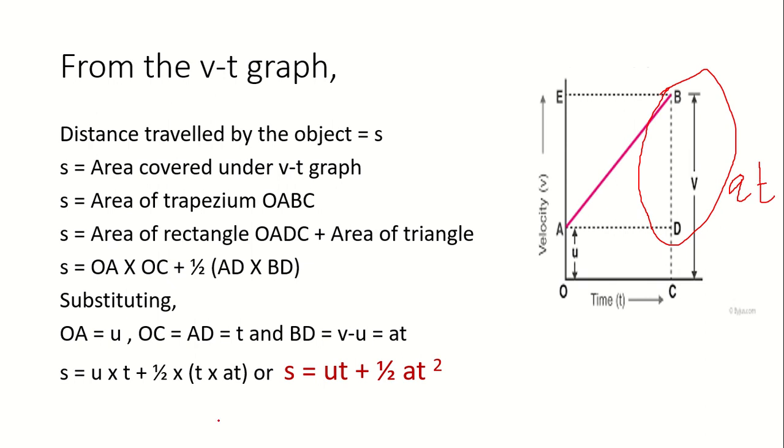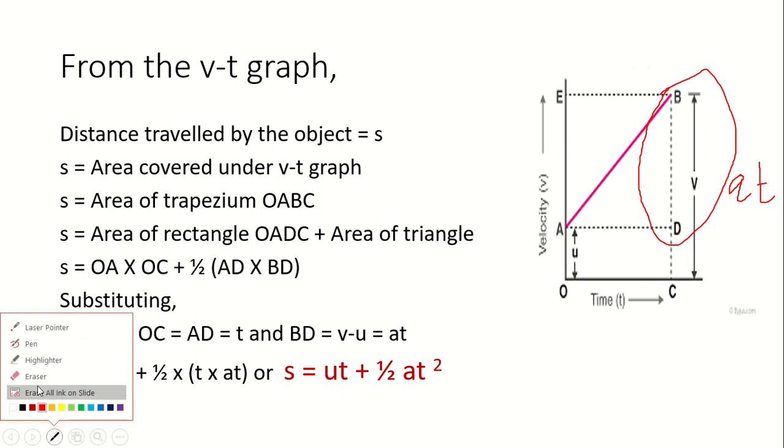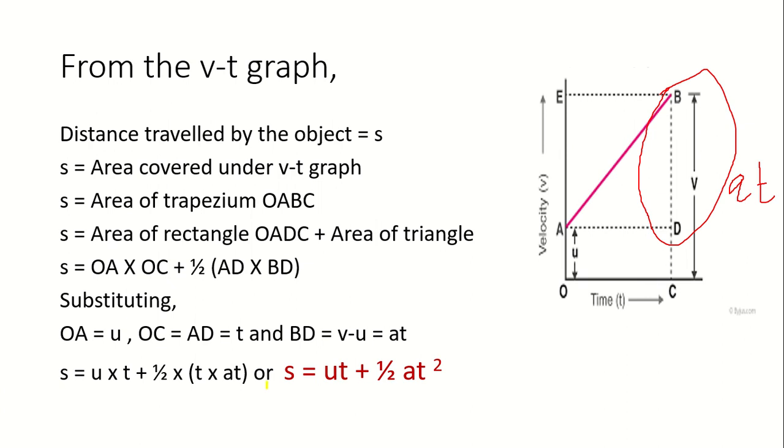So, after substituting the values, s equals u multiplied by t plus half multiplied by t multiplied by at. Finally, it gives you s equals ut plus half at square. This is the required second equation of motion, which is again very important.